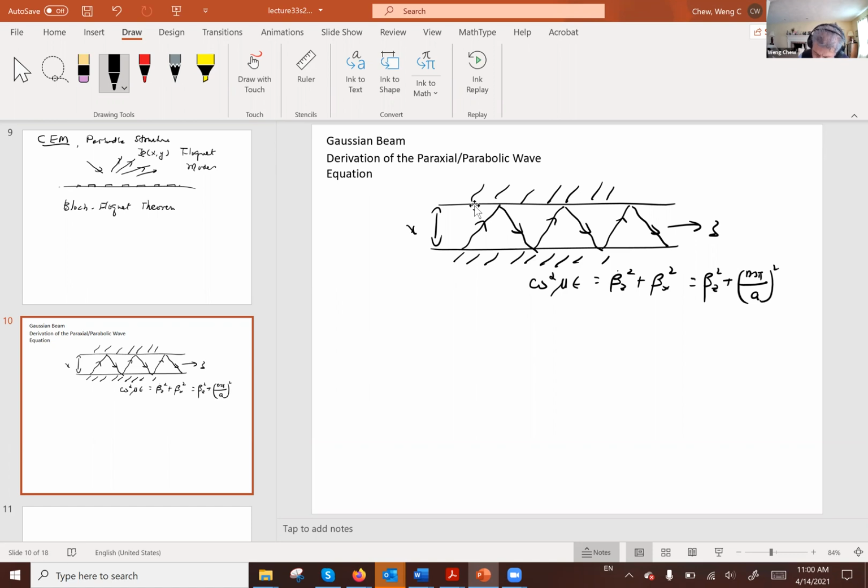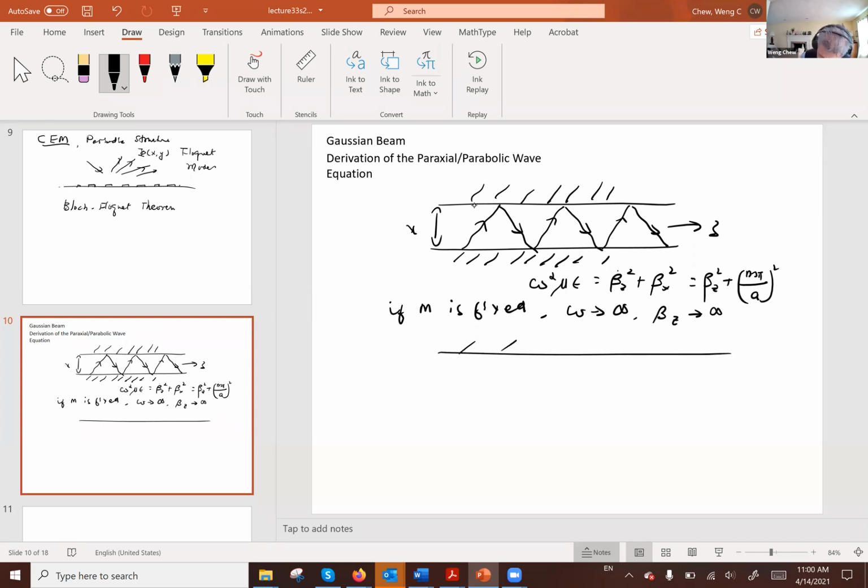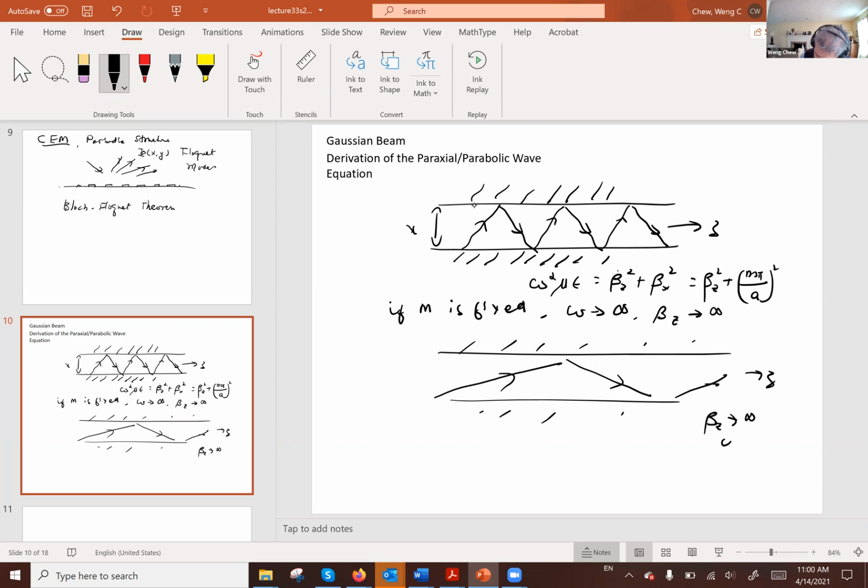You can see that when the frequency goes very high, if m is fixed, and omega tends to infinity, then beta z also has to tend to infinity. You can see from this equation quite clearly. So as you sketch this picture, the light ray has to bounce around like this, because if this is a z-axis, beta z has to tend to infinity when the frequency goes to infinity. So this physical picture you can see in your waveguide theory part of the course, and this is called a paraxial wave.